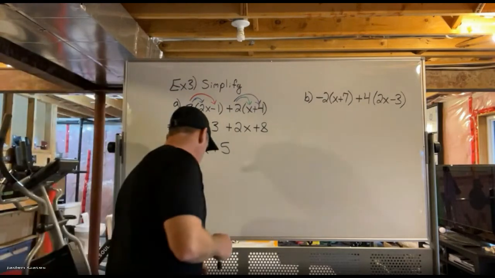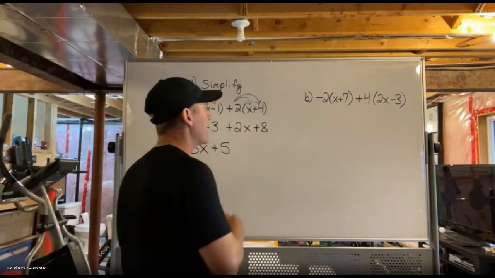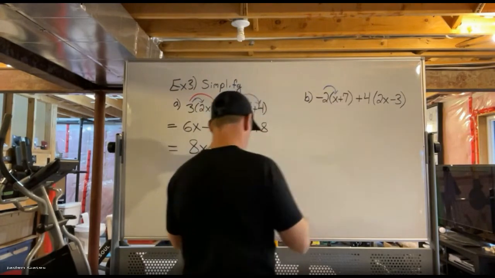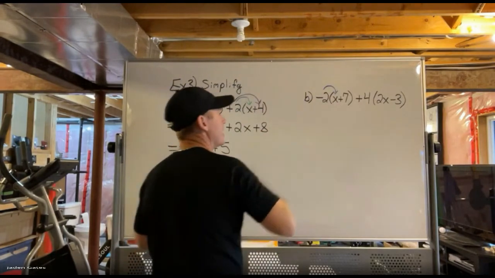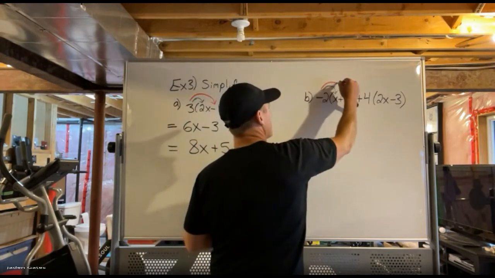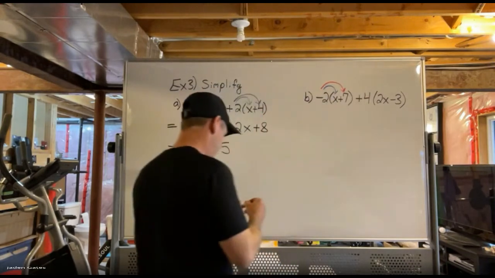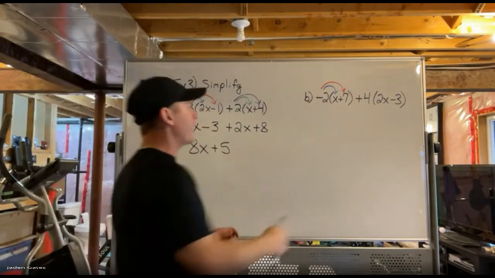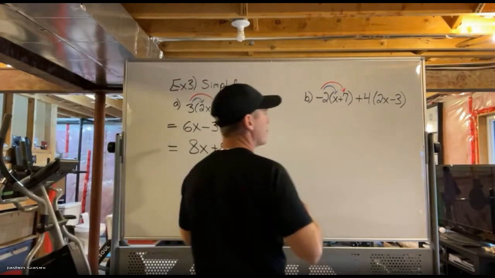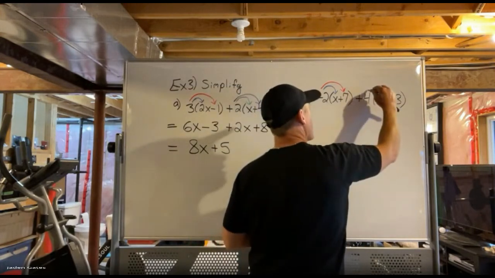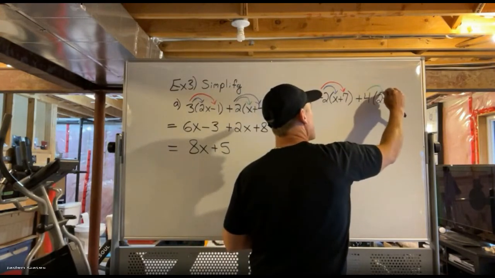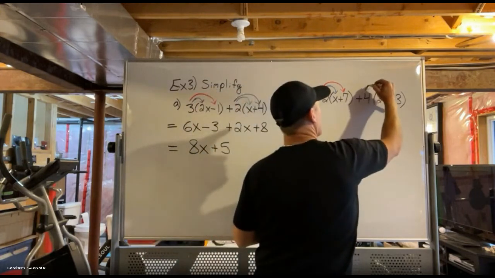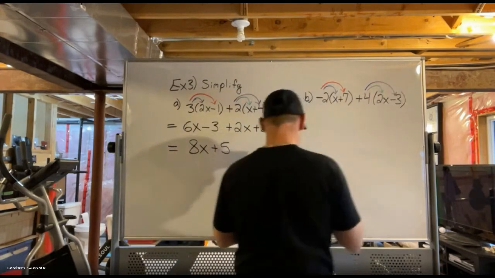So my first one here, I've got -2 times x. Then I've got a -2 times a +7. That's my first rainbow rule. And then we have this 4 in front of this bracket. So this 4 is going to have to multiply everything in this bracket. So 4 times 2x and 4 times a -3.